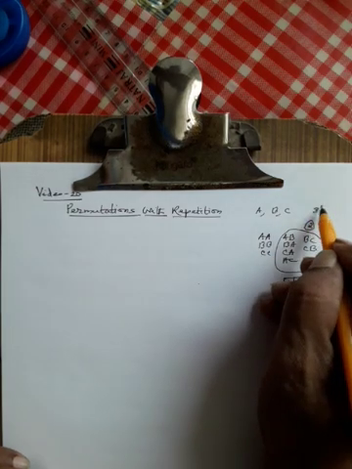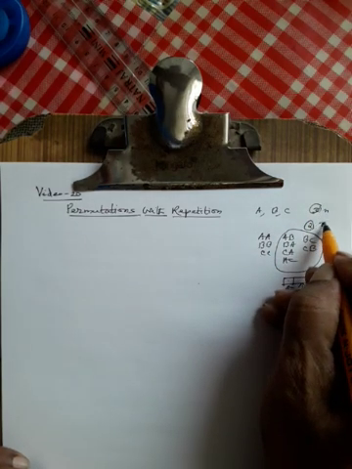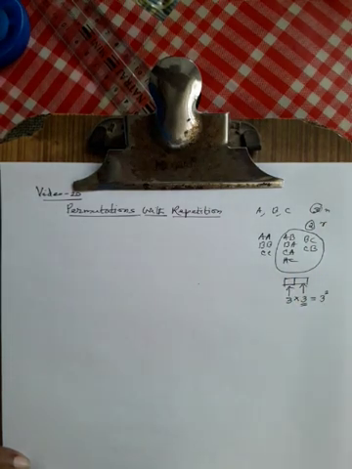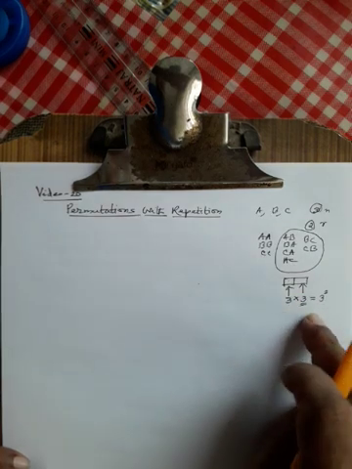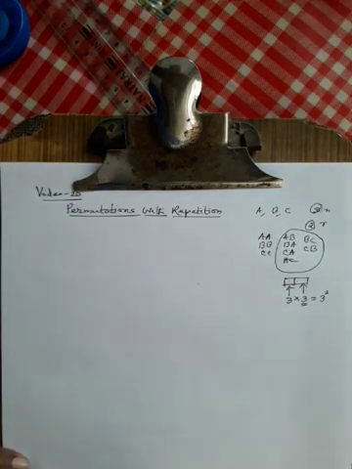Similarly, if there are n objects and we need r letters to be arranged, then there are r blank spaces. Each blank space can be filled in n ways, n into n, r times, n power r.